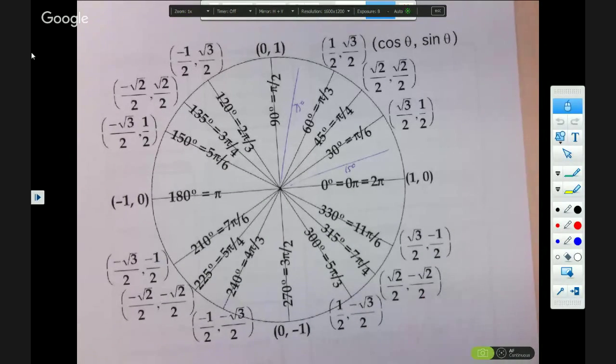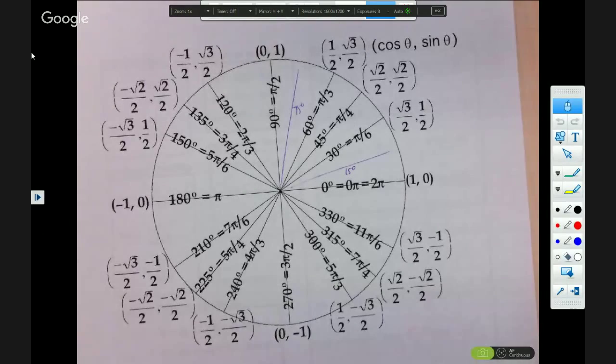This can help you immensely in being fast. Again, if you see numbers with pi in it, those are called radians. We'll get to that next chapter. So just worry about the degrees today.